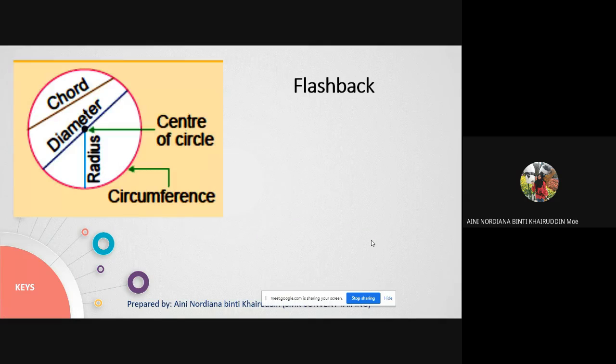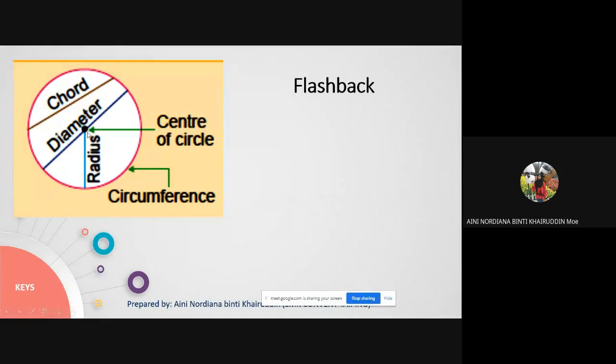Okay, flashback. This is what you learn in Form 1, I think. So this is chord, diameter, from circumference passing through center to circumference. A straight line passing through center, so this is diameter.